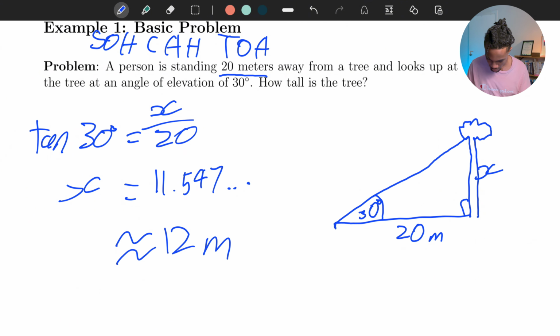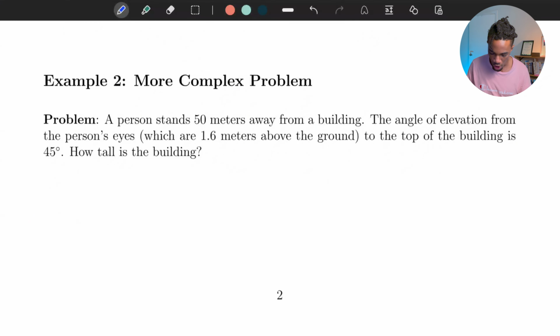All right, next one. A person stands 50 meters away from a building. The angle of elevation from the person's eyes, which are 1.6 meters above the ground, to the top of the building is 45 degrees. How tall is the building? This is the same thing, just with extra steps.